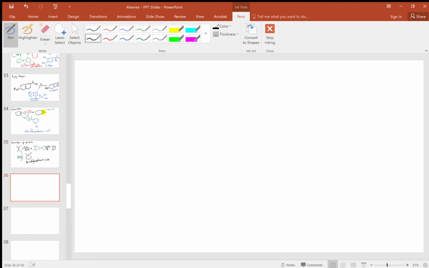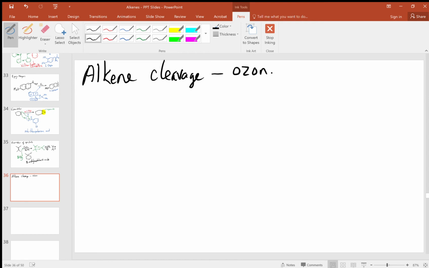All right, two more reactions to look at here. We have alkene cleavage reactions. So these are reactions where we are going to completely break apart the alkene. And the reaction that we're going to look at here is known as ozonolysis.